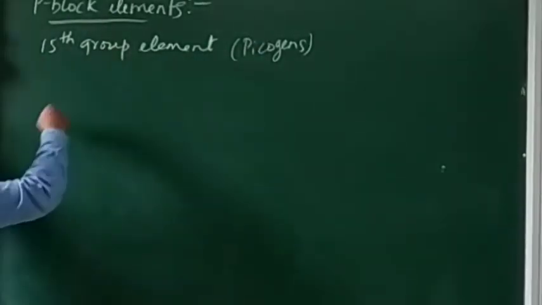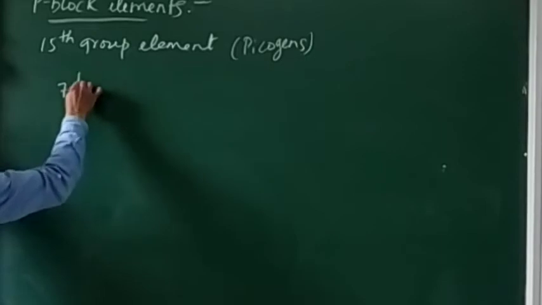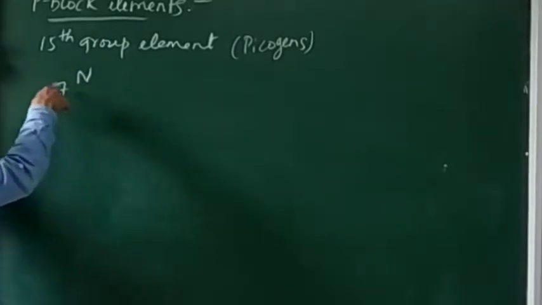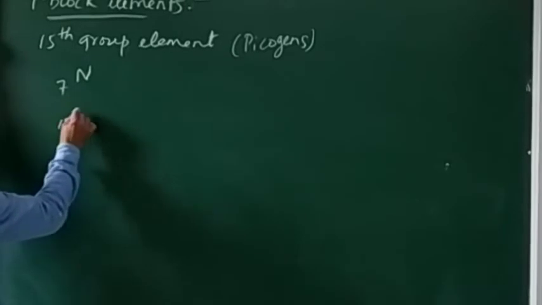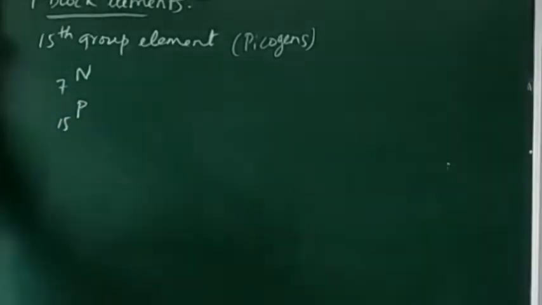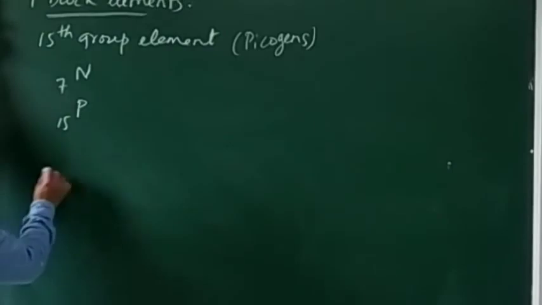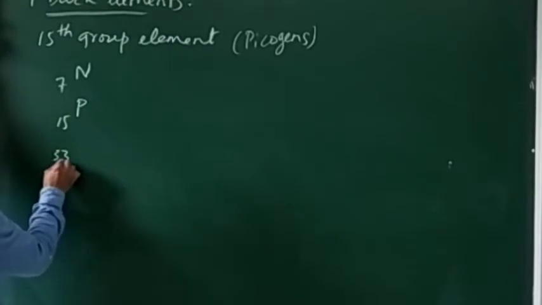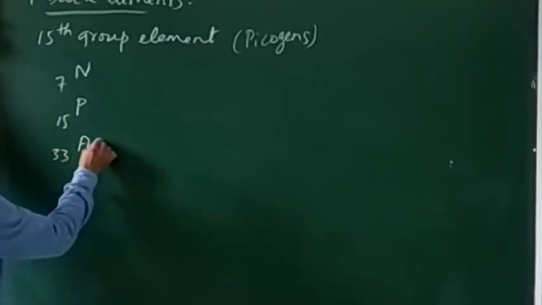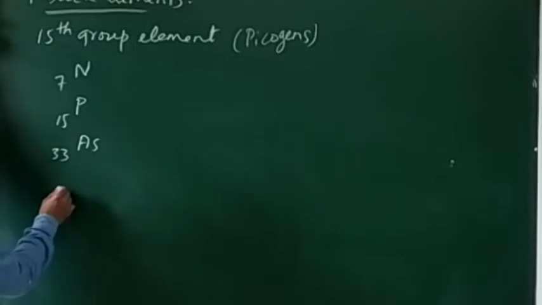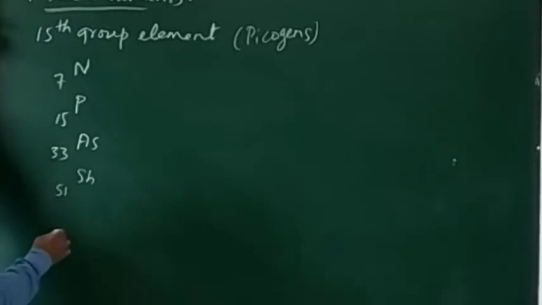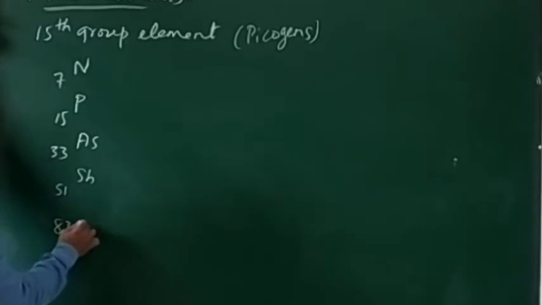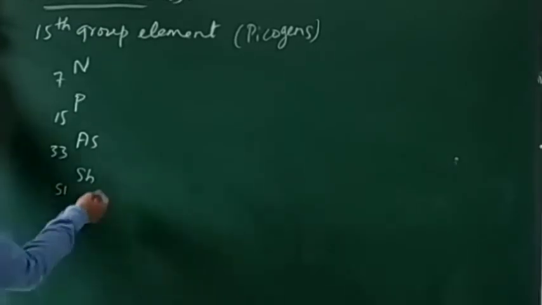What are the members? The first member is nitrogen with atomic number 7. Then 15 is phosphorus. Then 33 is arsenic. Then 51 for antimony, and 83 for bismuth.